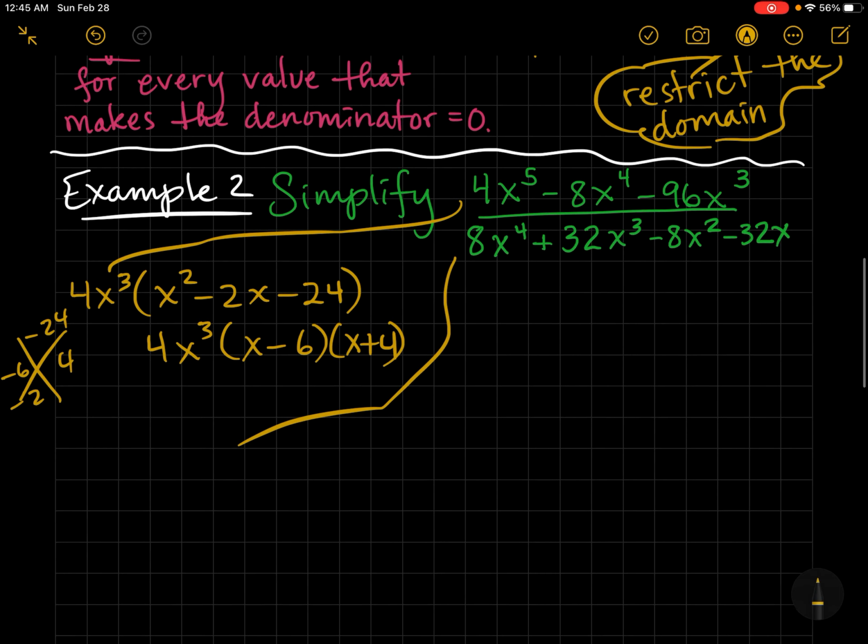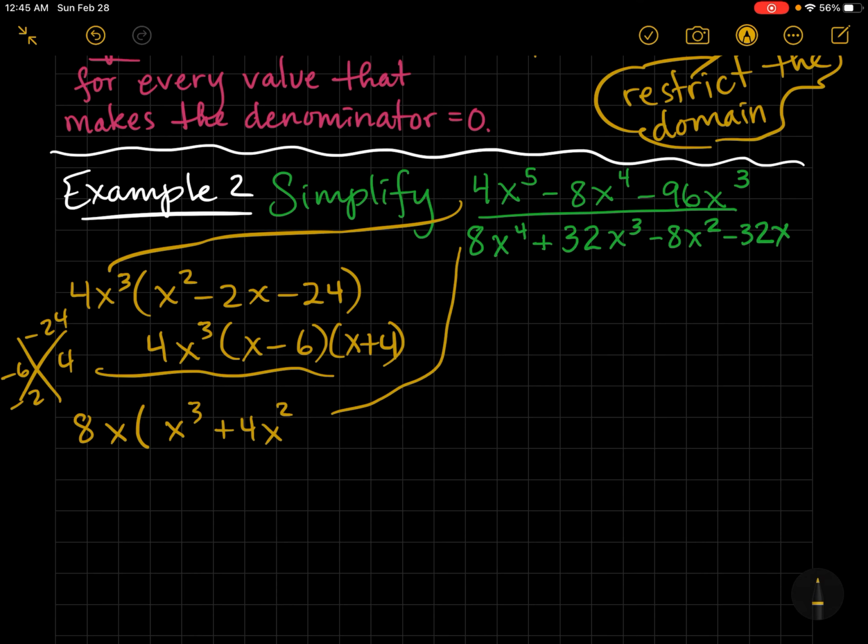And then for this one, we want to factor this as well. So to factor that one, we get 8x comes out as a GCF, and we're left with x cubed plus 4x squared minus x minus 4. 4 terms, I'm going to try to factor by grouping so I don't have to do synthetic division.